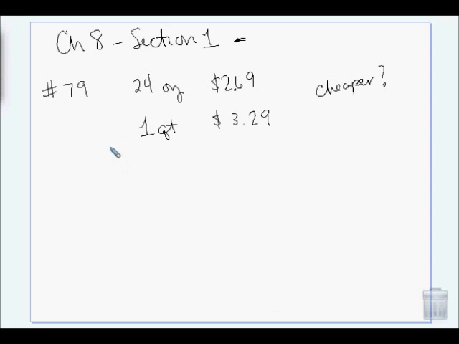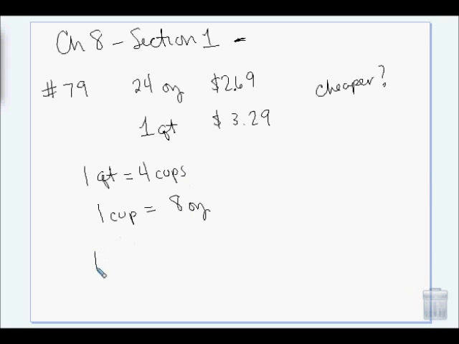You're going to look that up, and you're going to see that 1 quart, I'm going to go with cups, is 4 cups. And 1 cup is 8 ounces. Okay? So I'm going to need to go from quarts to cups to ounces.